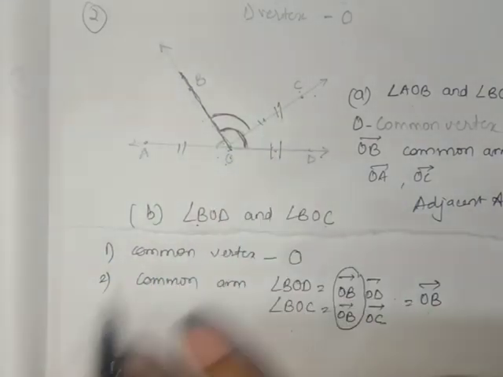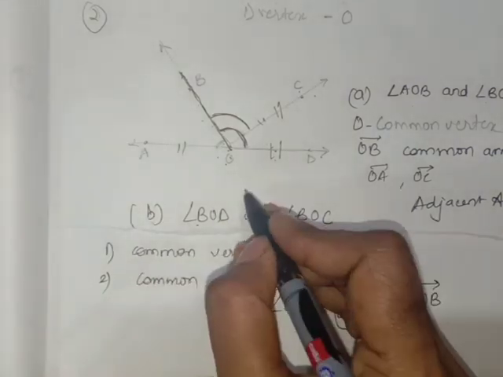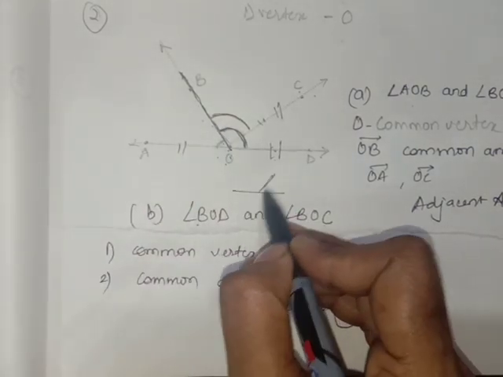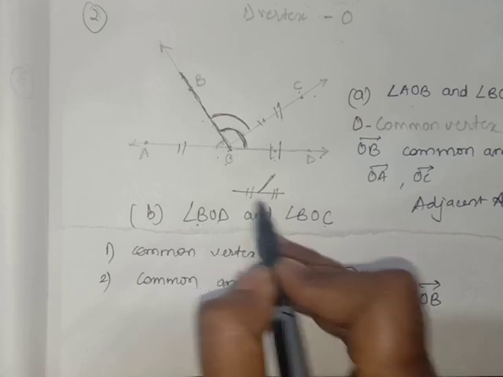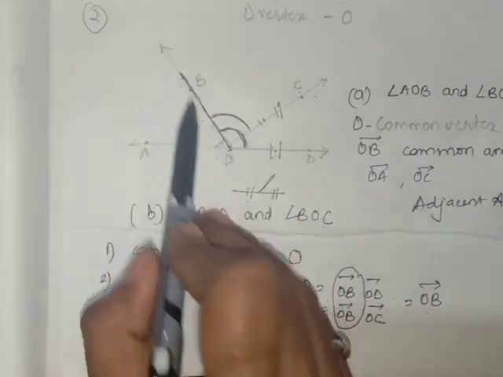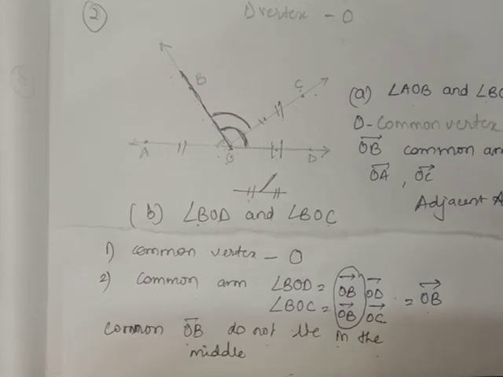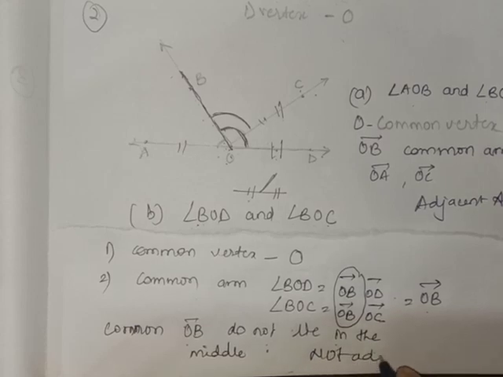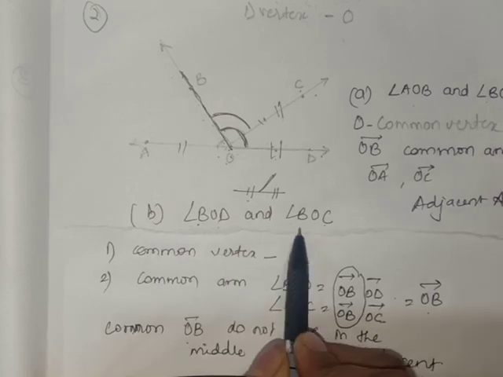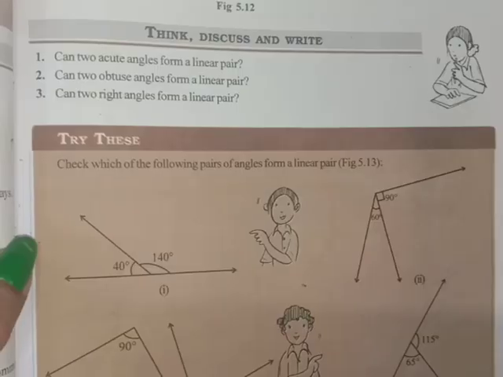No, this figure is totally different, because normally when there is a common arm, the non-common arms lie on either side. Here the common arm is outside, not inside. The non-common arms do not lie on either side. So these angles are not adjacent. Angle BOD and angle BOC are not adjacent.